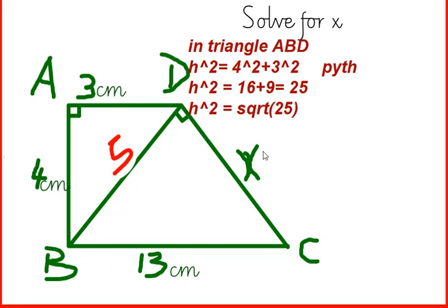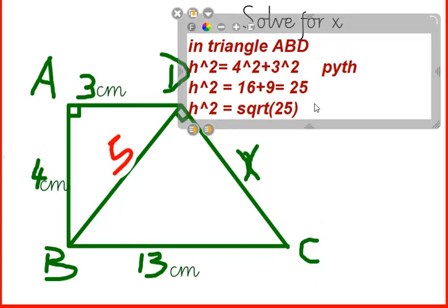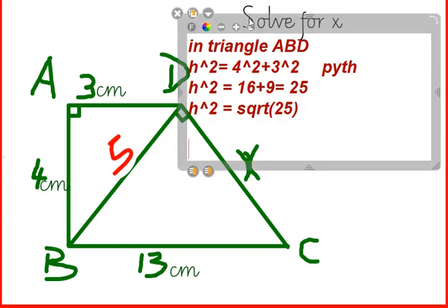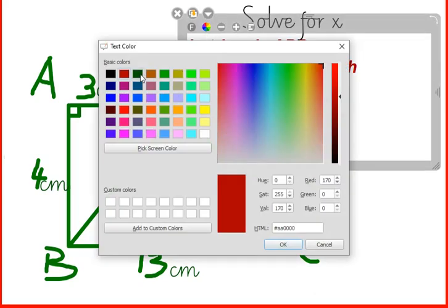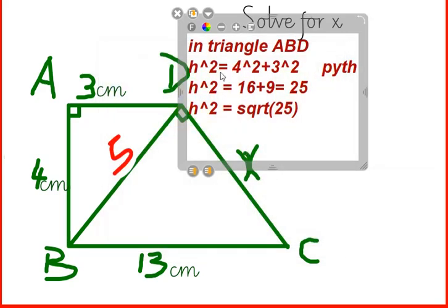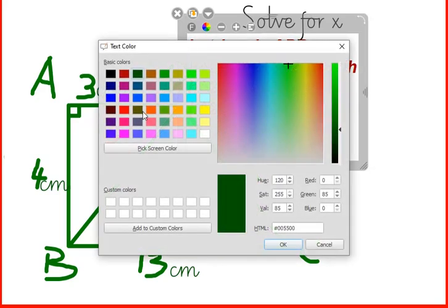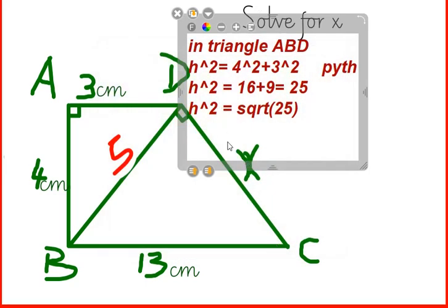We can use Pythagoras to get x. We're going to use another color so that we can show that we are now working. Let's use red, a brighter red. That was maroon, now we're using red.